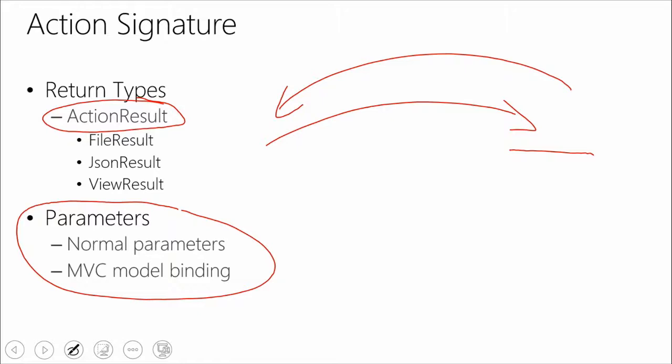Now, when you return something back, you want to return something that is either action result or something that inherits from action result. And so you'll notice, for example, that we have the ability to send down files. So let's say that we were creating an application where we were going to be storing images inside of a database. And I wanted to be able to programmatically send those out.